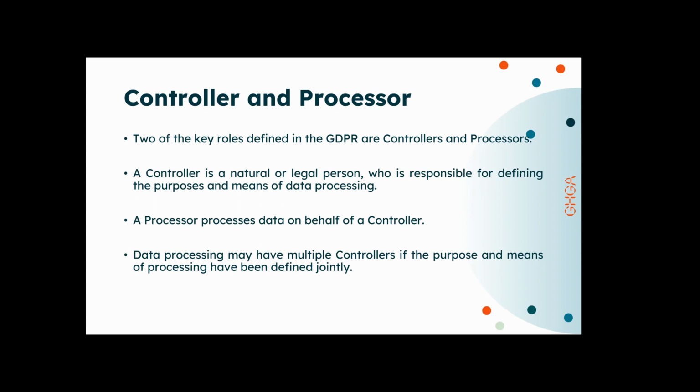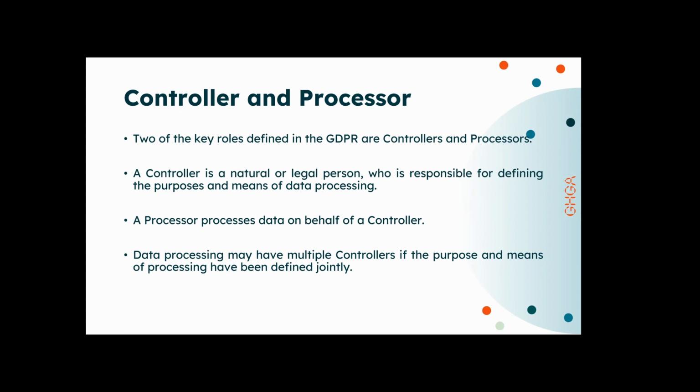For example, they perform the analysis on your behalf, or provide an infrastructure on which you store the data you've collected. That would be an example of a data processor. But the key difference is about who's making the decisions.